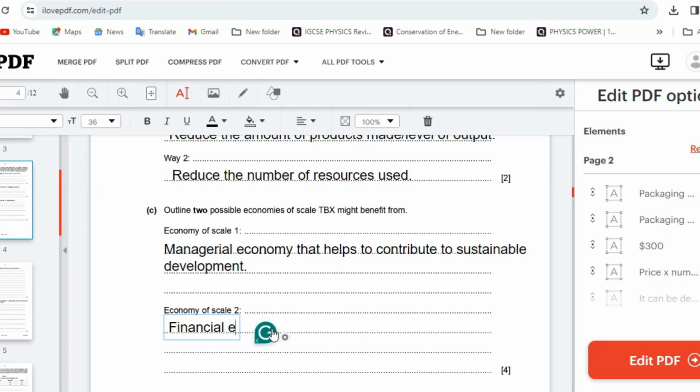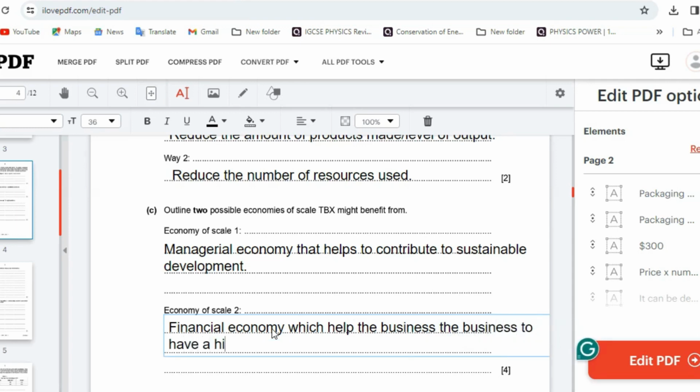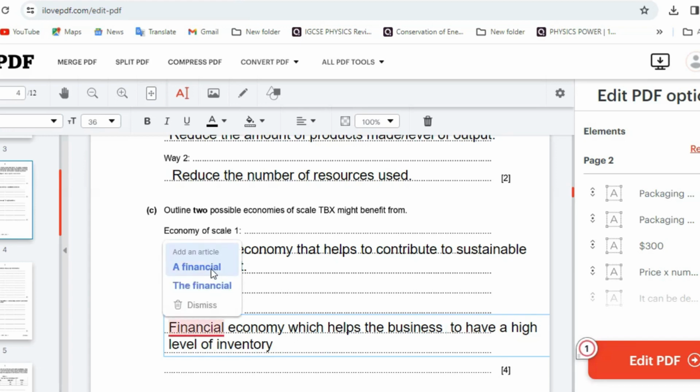Of course, it can help the business to have a high level of inventory.